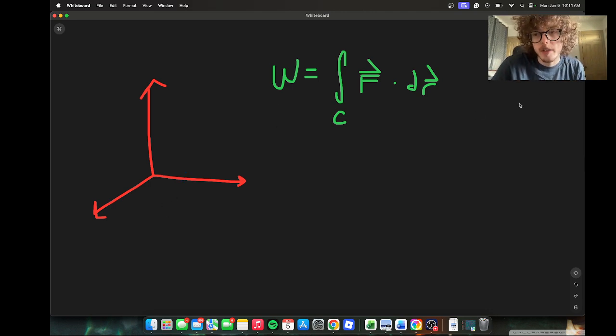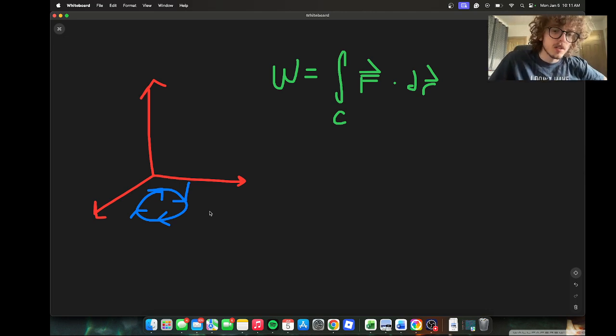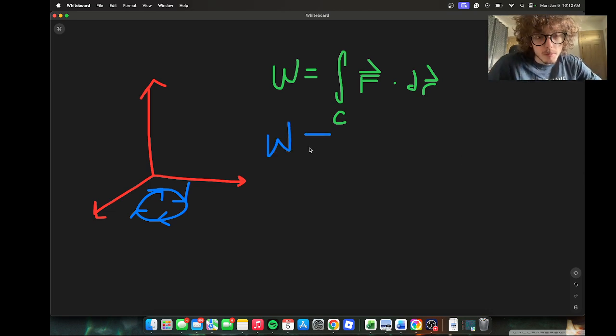But imagine now that we have this specific kind of curve. It's on the xy plane, and it's simple and closed. And if you recall, what that means is that we can utilize this thing known as Green's theorem. And all Green's theorem said is for a simple closed curve, meaning it's fully continuous, it doesn't overlap itself, and it's closed, it encloses a space, we can redefine work to be a little different.